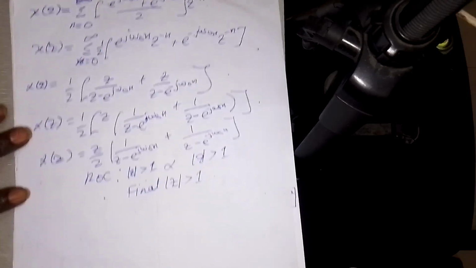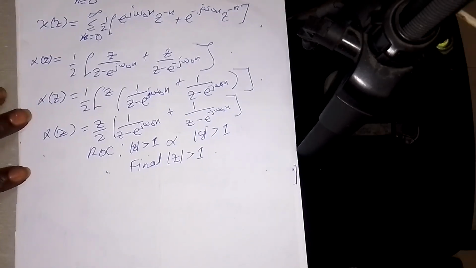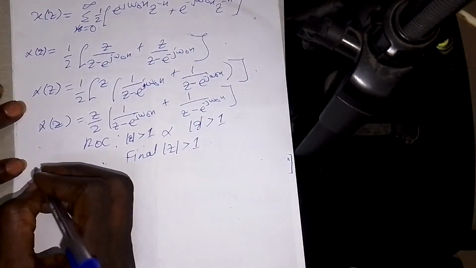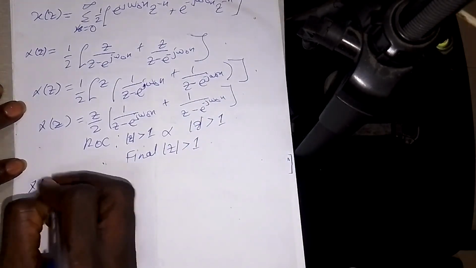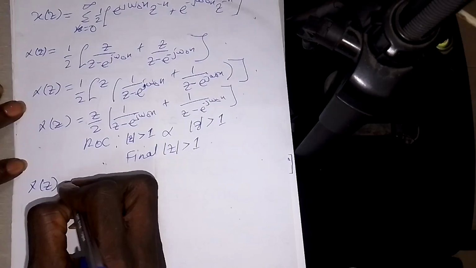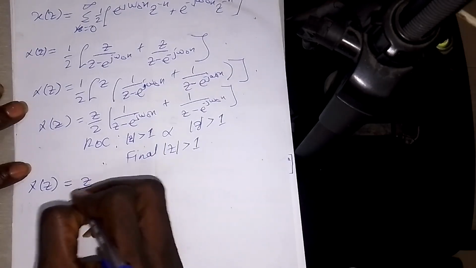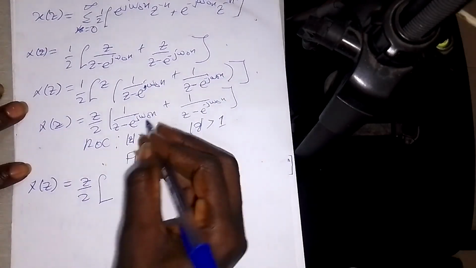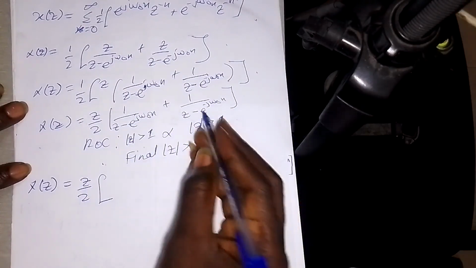Now, to simplify further, I can say that X(z) is equal to z over 2 into, this one can come up, this one can come here.